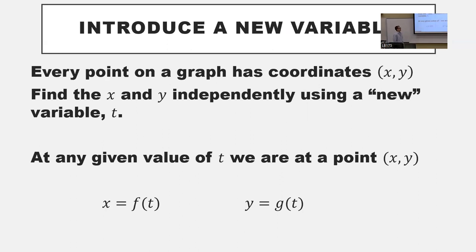So this is the idea of parametric functions. We're going to introduce a new variable. Usually that variable is the variable t. On occasion, it'll be the variable theta, but usually it's labeled as t.